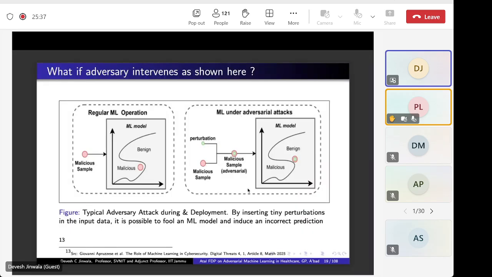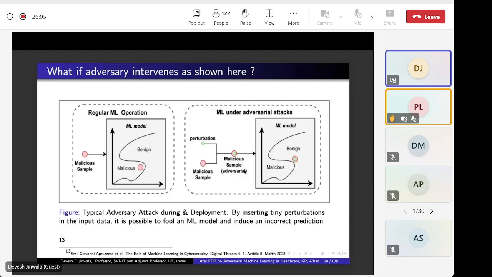It would either have made my model unable to detect a malicious packet, or it would have injected some data during the deployment phase. While my model is deployed, the adversary would inject some data which has not been used during training, so my model is not aware that this particular sample should be detected as a malicious packet.